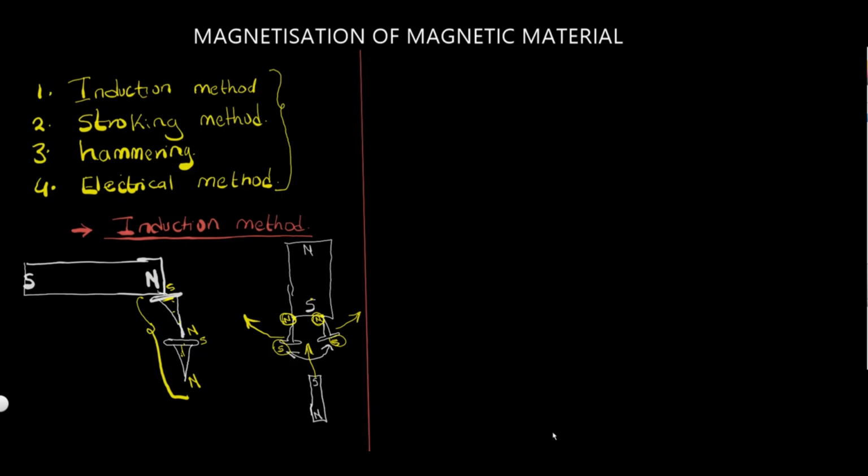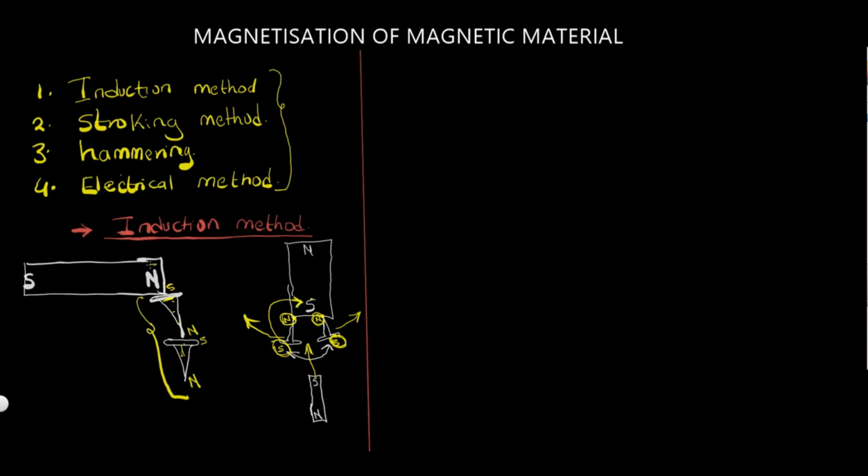And also you can say that the lower end of the pin acquires a polarity similar to the pole used. For example, this is the lower part. The lower part will now be the south pole. So this south pole will acquire the same polarity as the pole of the magnet it was attached to.